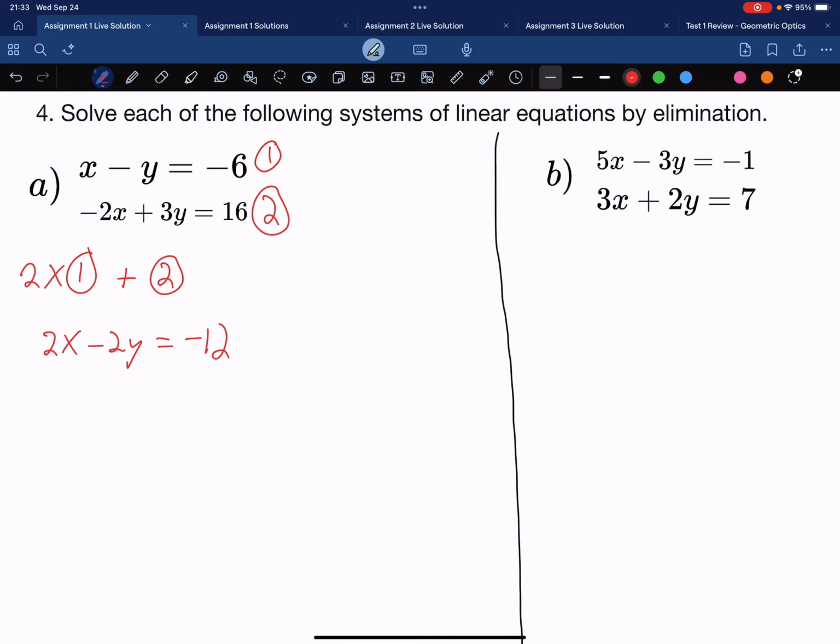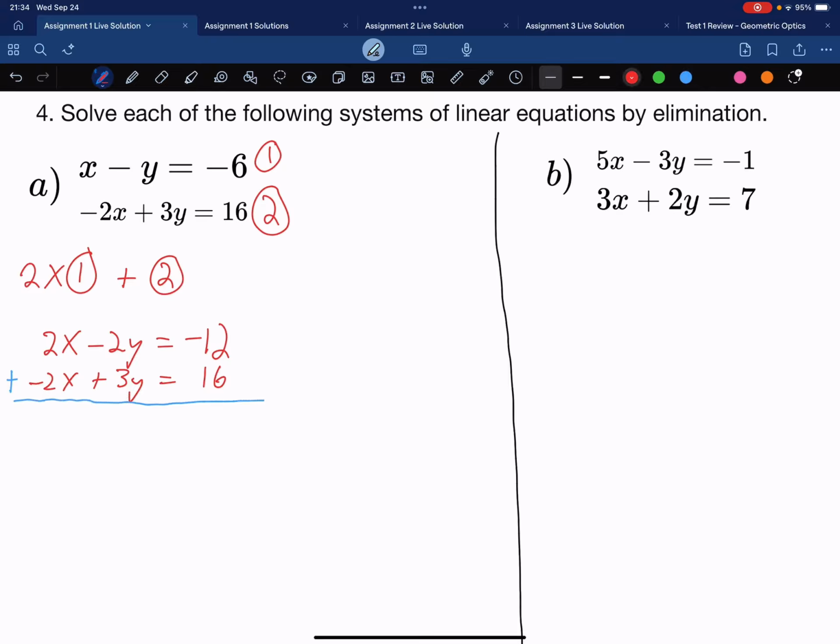You multiply the entire equation by 2. Now, equation 2, I'm just leaving that as is. So I'm left with negative 2x plus 3y equals 16. Leaving that one untouched.